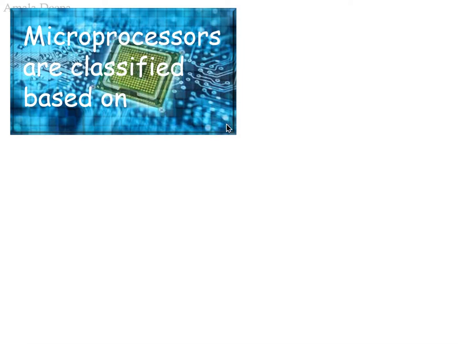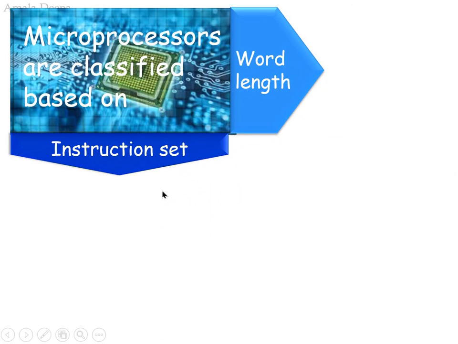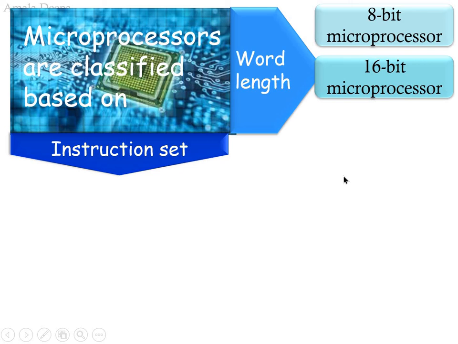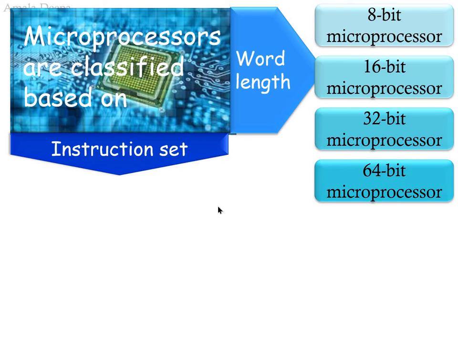Microprocessors are classified based on word length, that is word size, and instruction set. The classification of microprocessors on word length are 8-bit microprocessor, 16-bit microprocessor, 32-bit microprocessor, and 64-bit microprocessor.